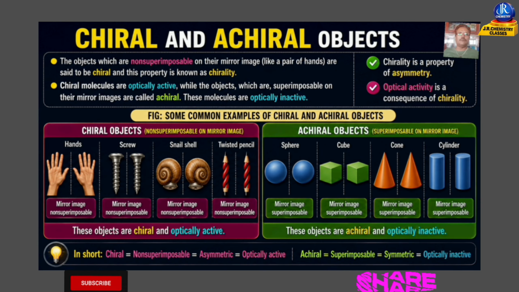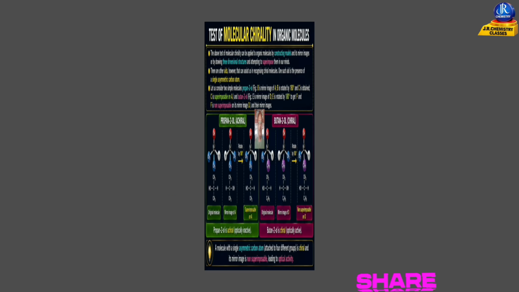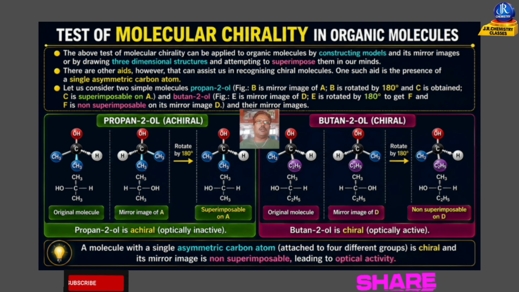Figure shows some common examples of chiral and achiral objects. The test given for molecular chirality can be applied to organic molecules by constructing models and their mirror images, or by drawing three-dimensional structures and attempting to superimpose them in our minds.